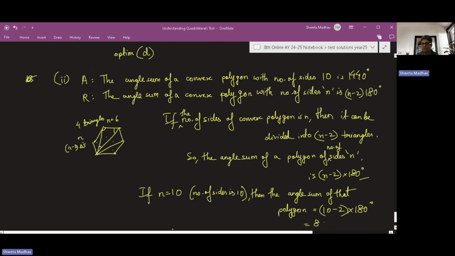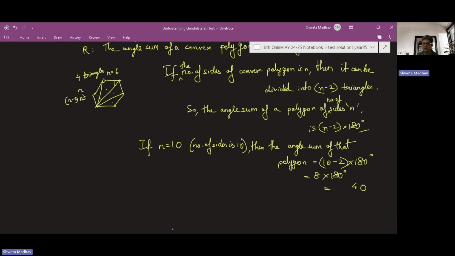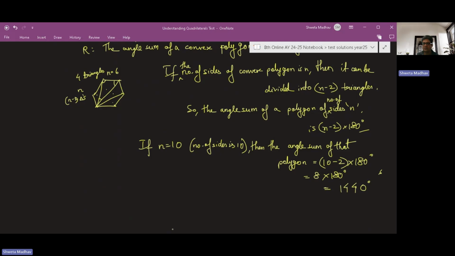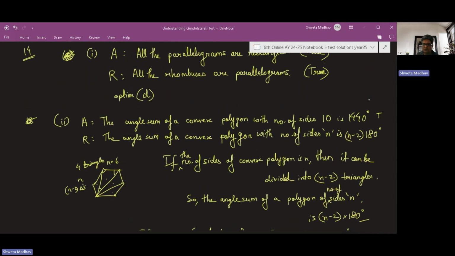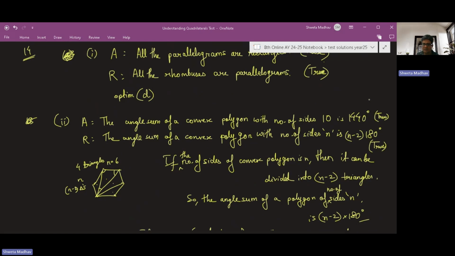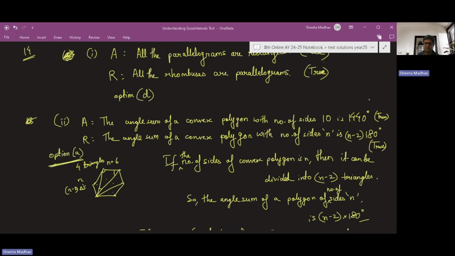So it is 8 into 180 degrees, which is equal to 1440 degrees. Hence the assertion is true, the reason is also true, and the reason is the correct explanation of the assertion. So option A is the correct answer.